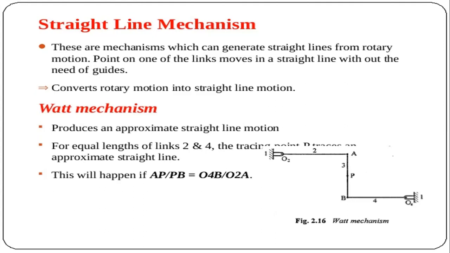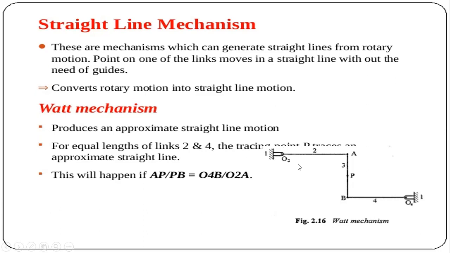In this, the first one is Watt's mechanism. Watt's mechanism produces an approximate straight line, not a full-fledged straight line. It has the equivalence of links 2 and 4, in which the first link is fixed at one end.